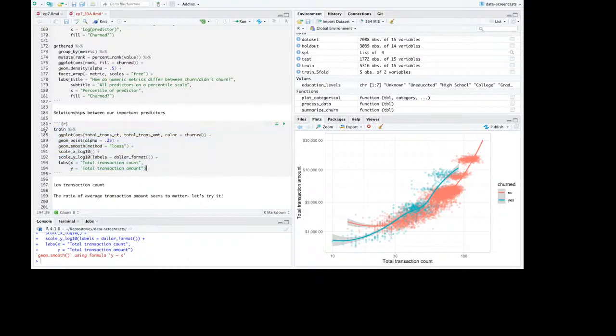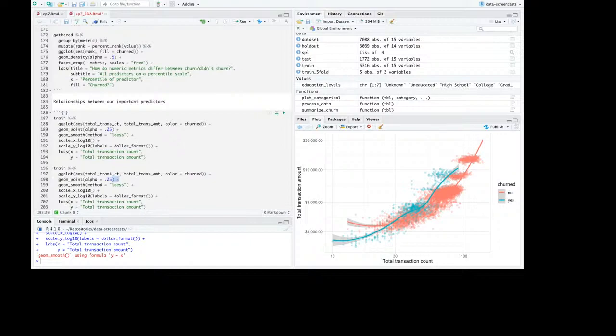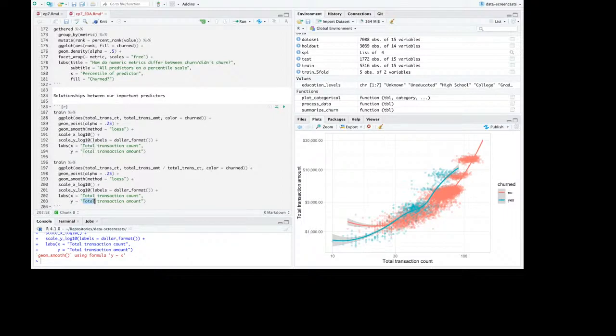So let's actually do this as transaction amount over transaction count, the average. Do they already have average? If so, I'm doing this work for nothing, but I don't think they did.